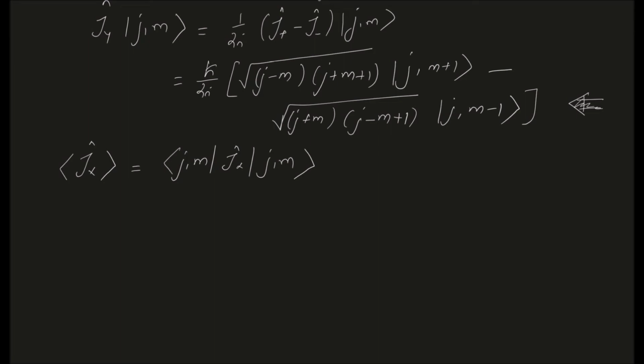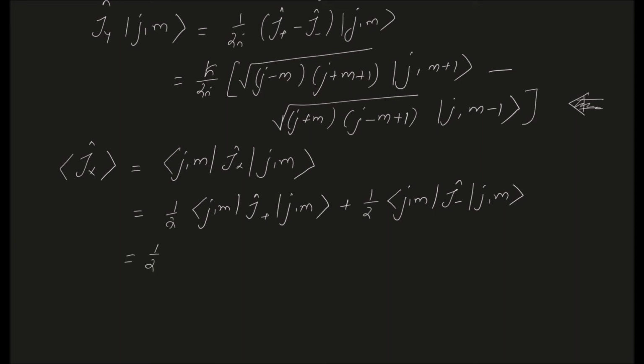If you take Jx as half of J plus plus J minus, you can write it as half of bra jm J plus ket jm, plus half of bra jm J minus ket jm. Using the J plus eigenvalue equation we have just seen, this will be square root of j minus m into j plus m plus 1.